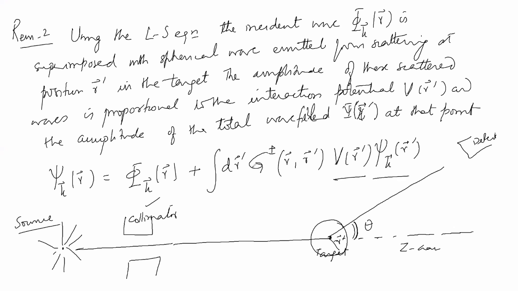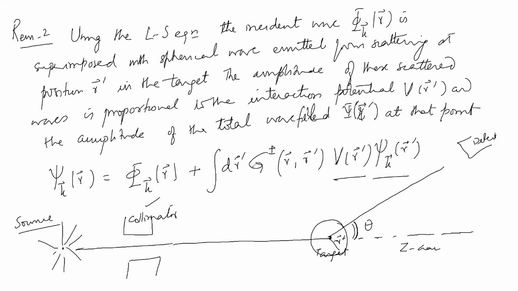This is one picture, but when the beam was coming and the scattering took place, the particles can be scattered in any direction. Then the scenario will be three-dimensional.